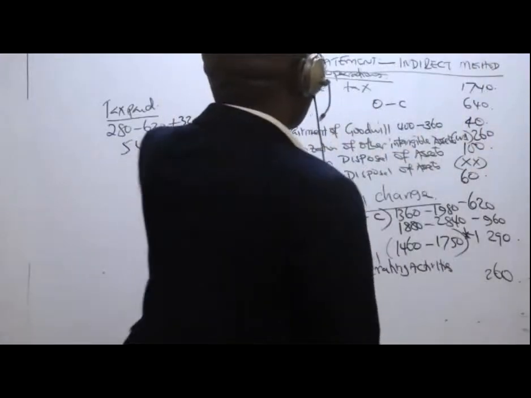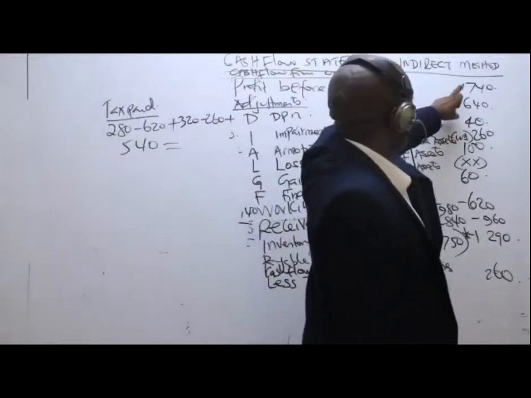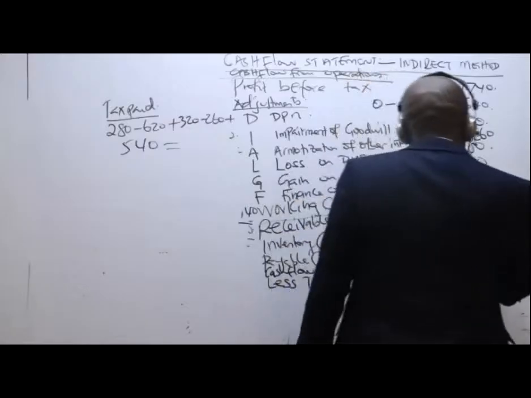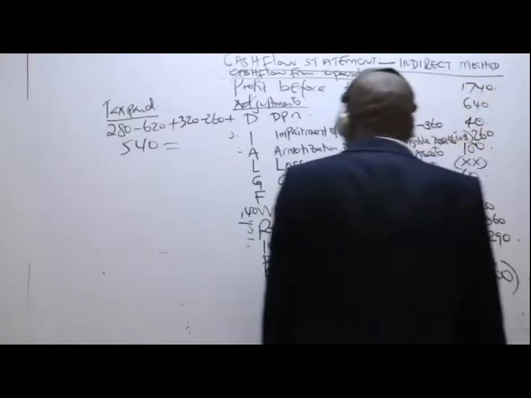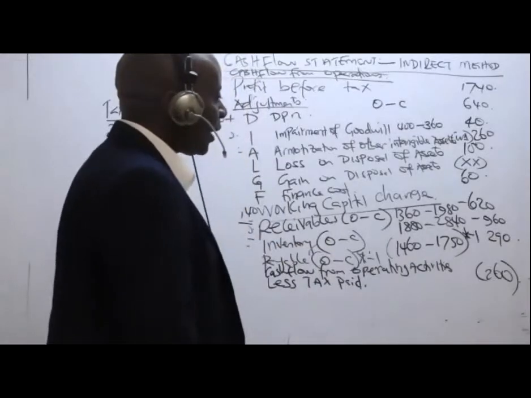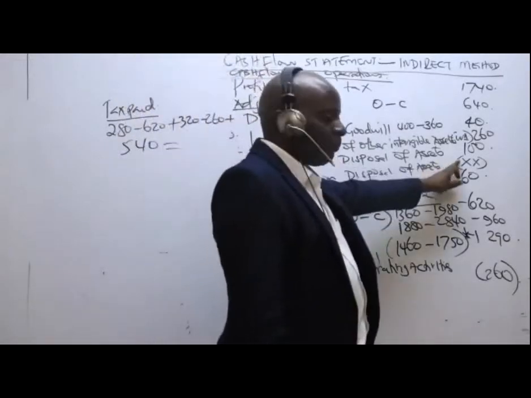So is it possible for you to get your calculator from here? Abracadabra. The tax paid, of course, in this case is negative. Just give me the net cash flow from operating activities. Of course, there is nothing here.